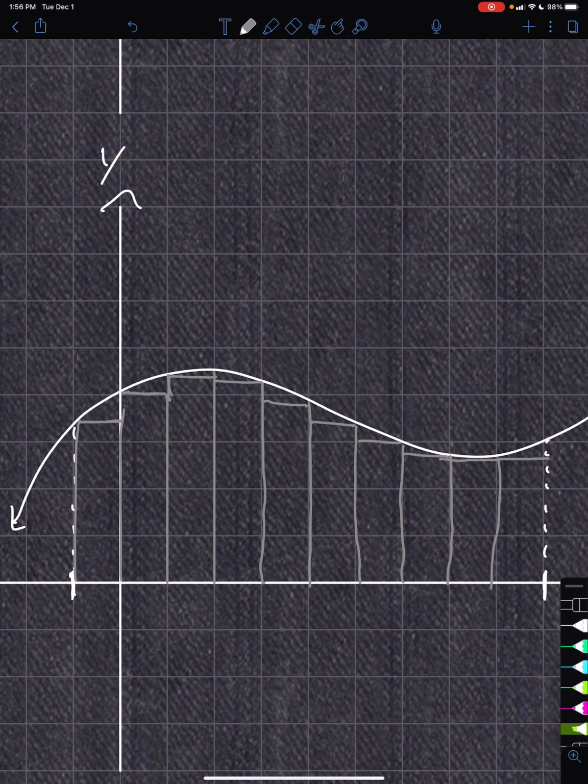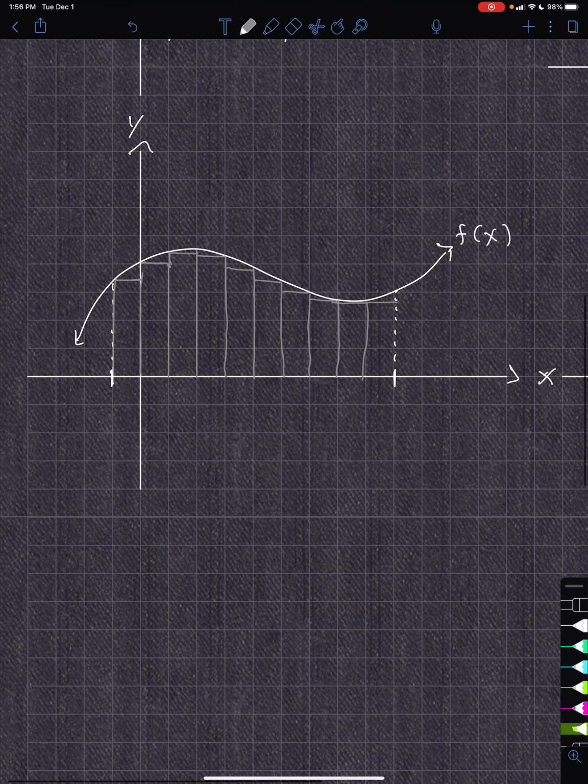So we're going to call one of these rectangles the ith or kth interval, it depends on what we're using. We'll call this width delta x sub i. And we're going to pick a value right there, we'll call it m sub i, that just touches below the graph, doesn't go above it.